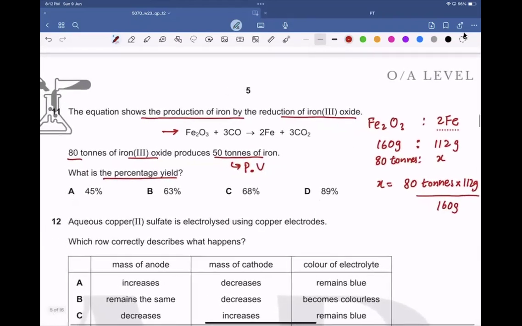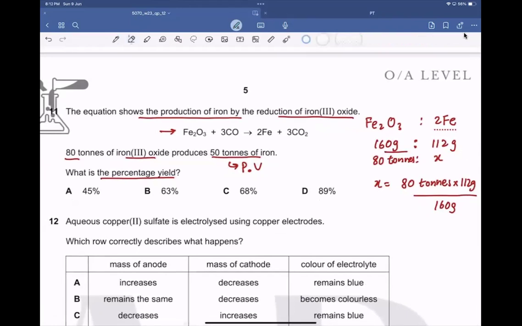So you can easily understand that if these two are in gram and I took this one in ton, I will get the answer in ton only, because this gram and this gram would be cancelled out. Now, if you calculate it, it is going to be 80 times 112 is 8,960 divided by 160. So I am getting 56 tons.